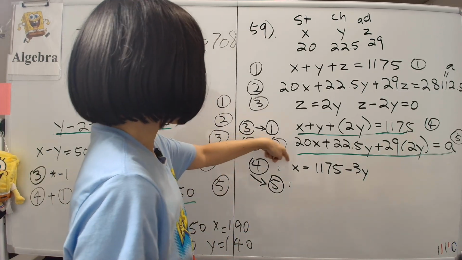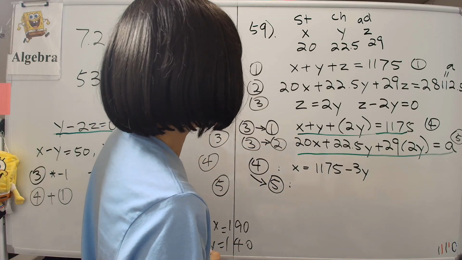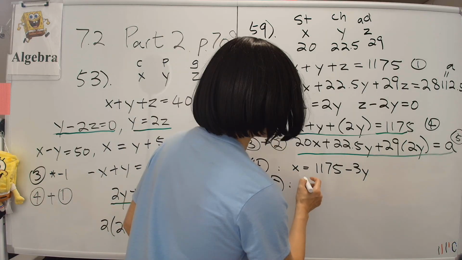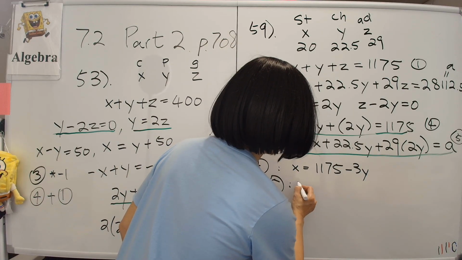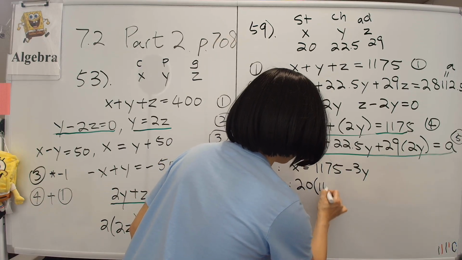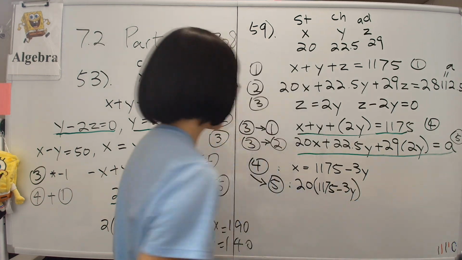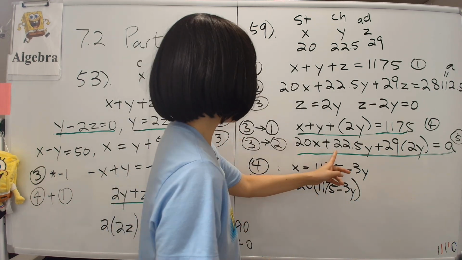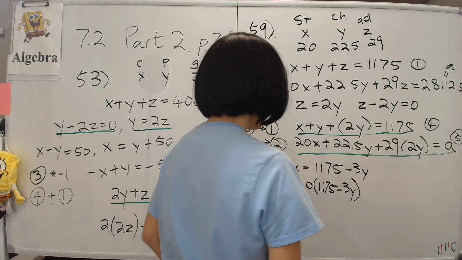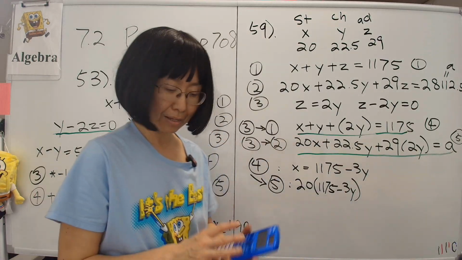Now, the fact that x is this stuff. So let's write that down. So it'll be 20 times 1175 minus 3y, and then plus this and that. What is that anyway? Let's use a calculator and figure out what this is.